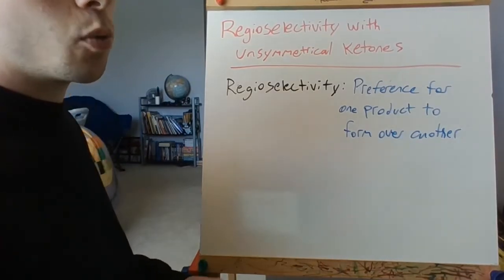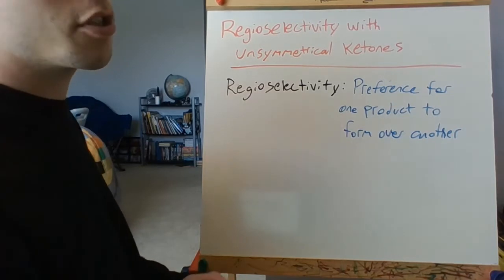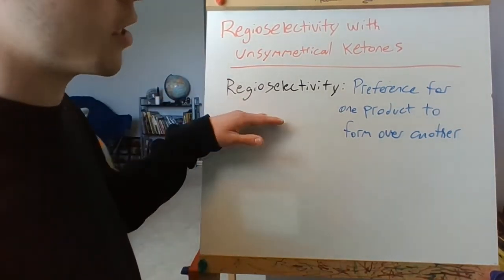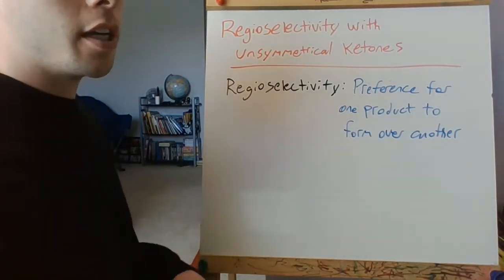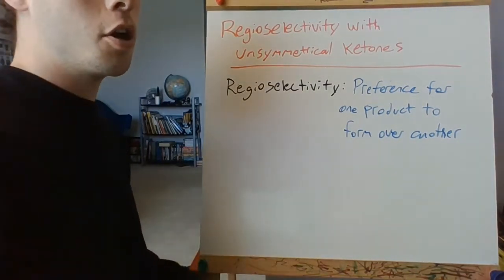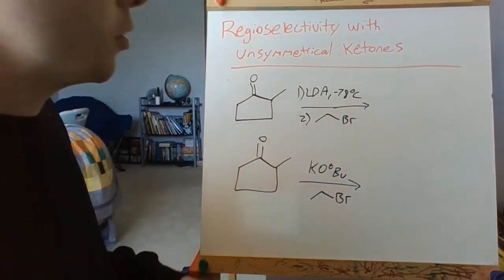So as I mentioned, what about if we do this reaction with unsymmetrical ketones? And so we'll talk about the regioselectivity. Remember that regioselectivity means the preference for one product to form over the other. And so essentially, are we going to add to one alpha carbon versus the other when we have different substitutions? So let's look at this molecule shown here.